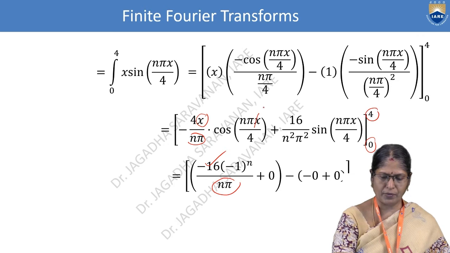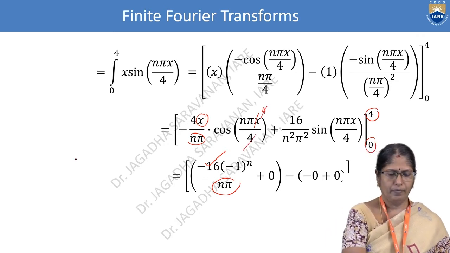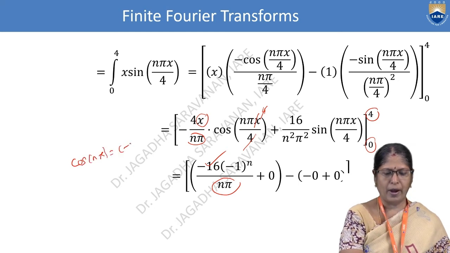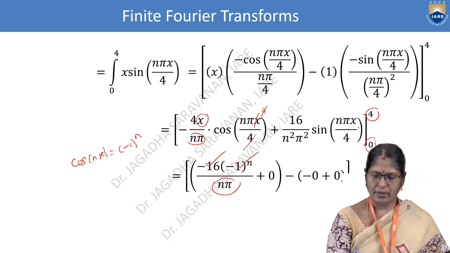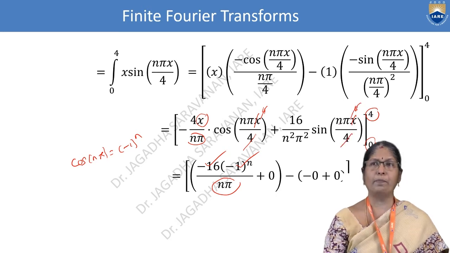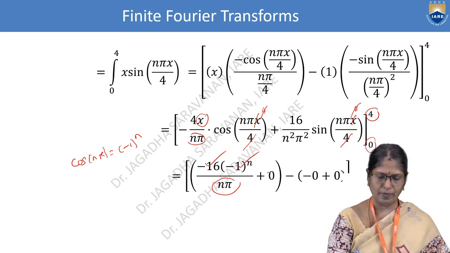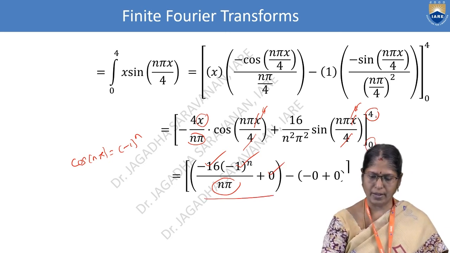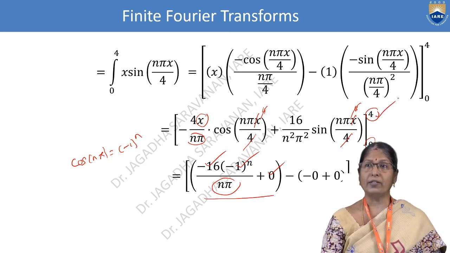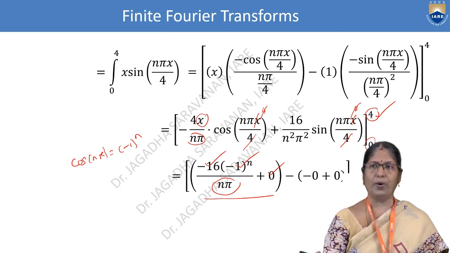Here in the x place we put 4, this 4 cancelled. Cos n pi, the value is minus 1 power n, that we substituted. Here we write 4, cancel, sine n pi equal to 0. We completed the upper limit, that is, x taking the value 4.